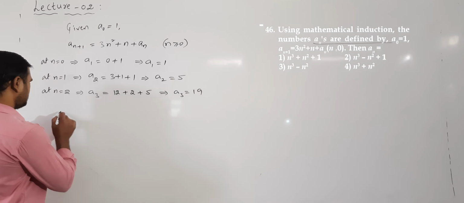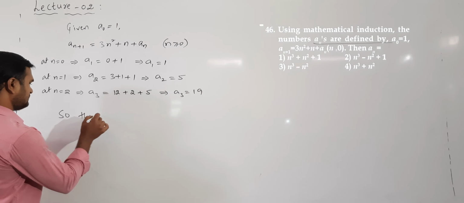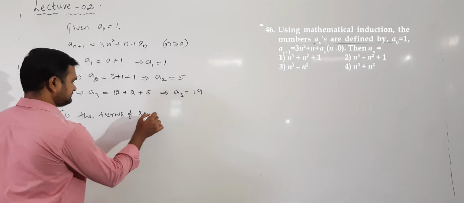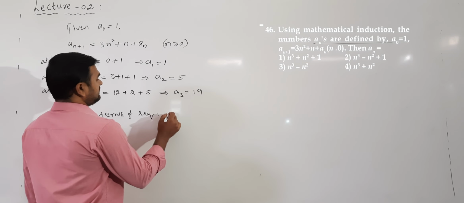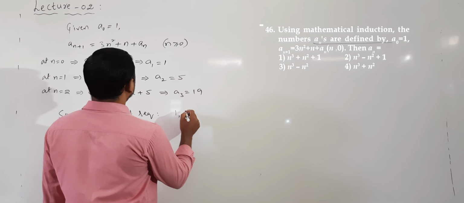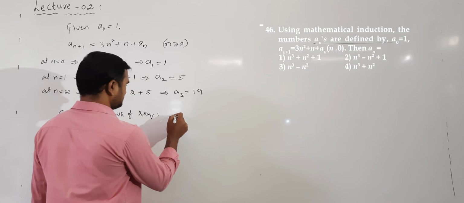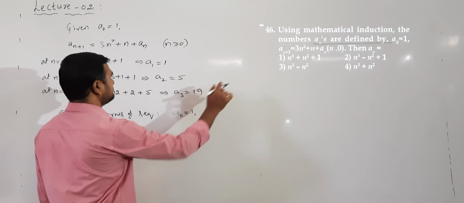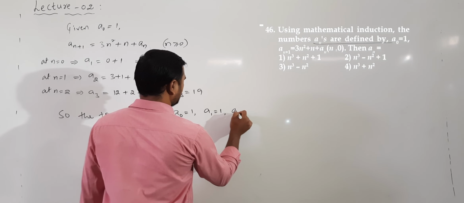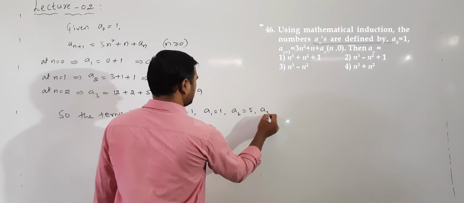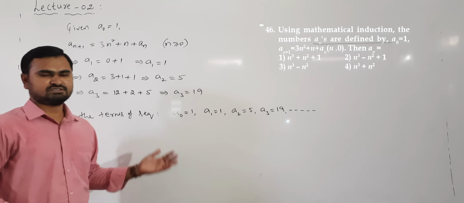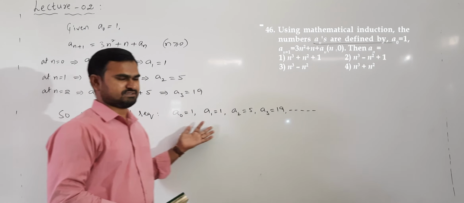So the terms of the sequence are: a0 is 1, a1 is 1, a2 is 5, a3 is 19 and so on. So these are the terms of the sequence.